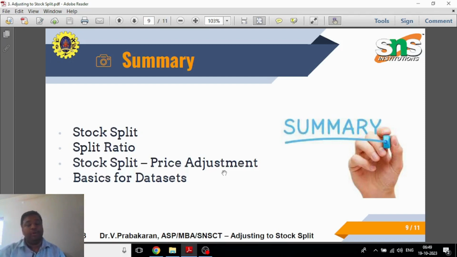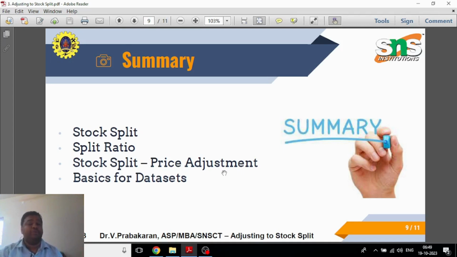So with the summary note, yes, we have seen the meaning or concept of stock split announcement. It is dividing of shares into multiple shares to encourage investors to trade more and to make the share price more affordable to many people. And we have seen the split ratios 2 for 1, 3 for 1, 5 for 1, 8 for 1, 10 for 1. All those indicate one share is divided into multiple shares.